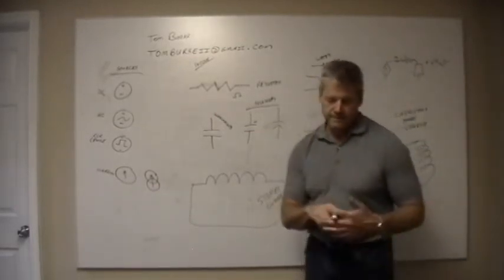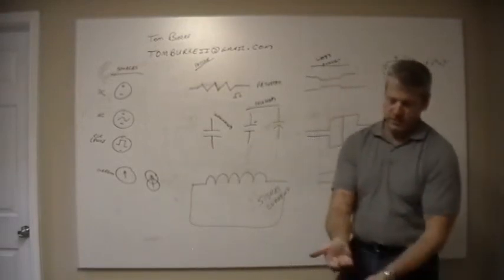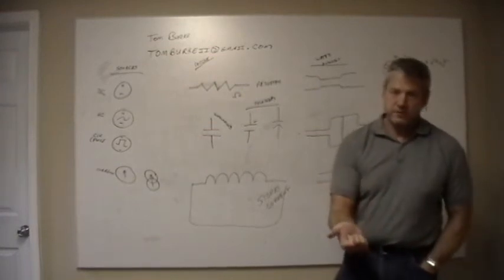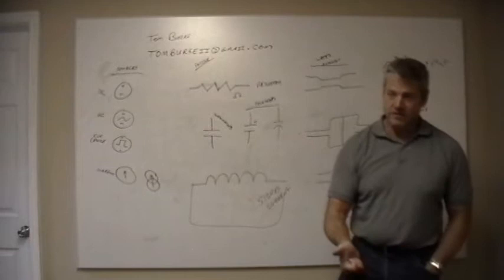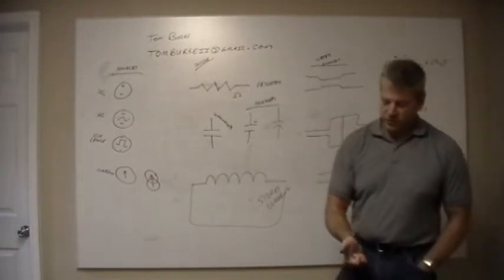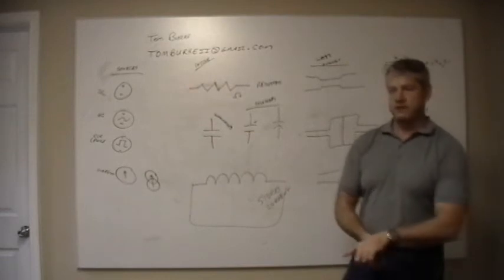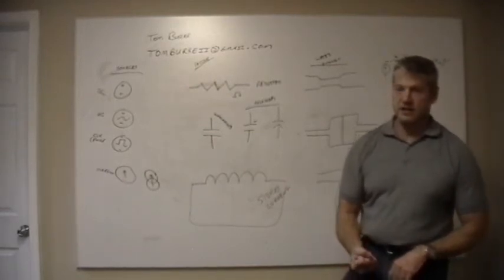Right-hand rule, if current's flowing this direction, my thumb, the magnetic field wraps this way. The magnetic field resists changes in the current. So if I try to push more current through it, that field's got to grow before I can get any more through it. But if I try and take current off, that field starts to collapse.